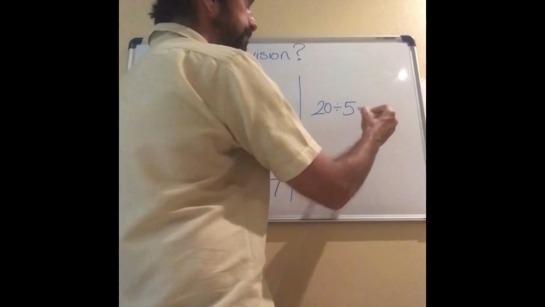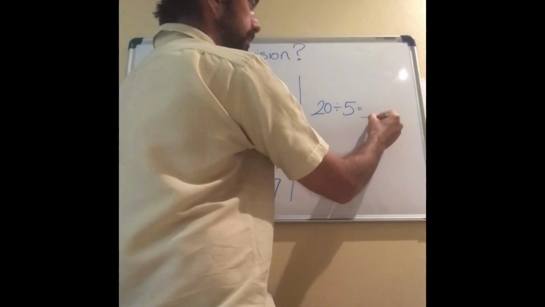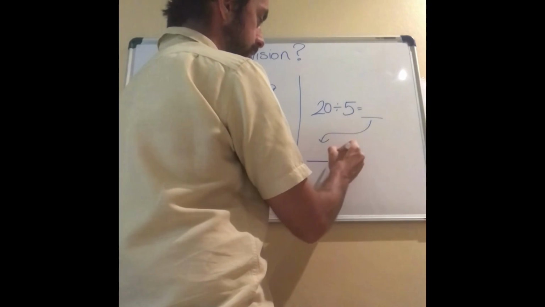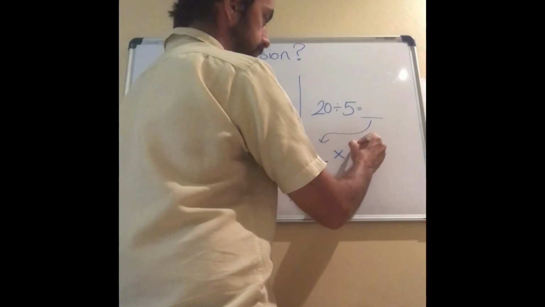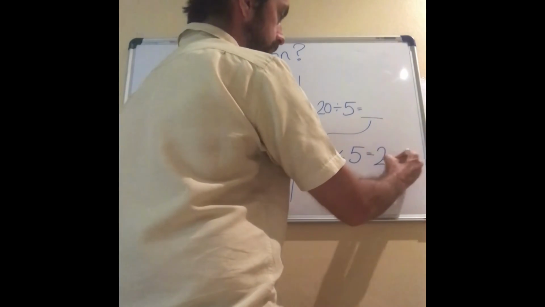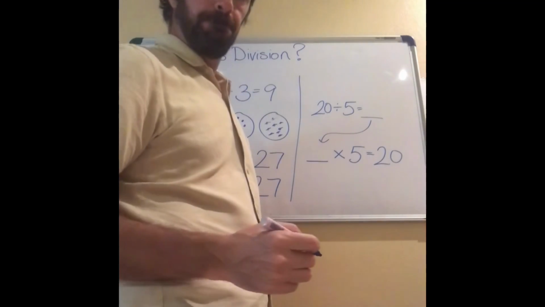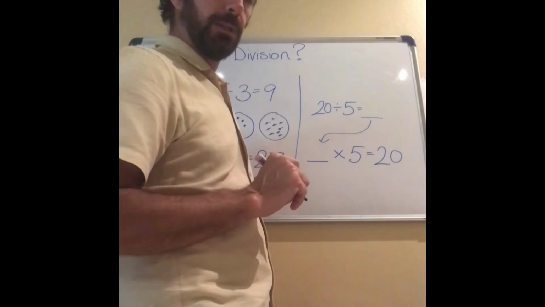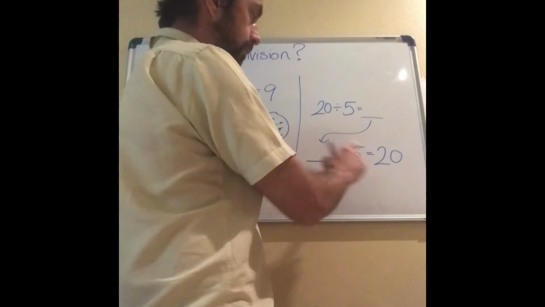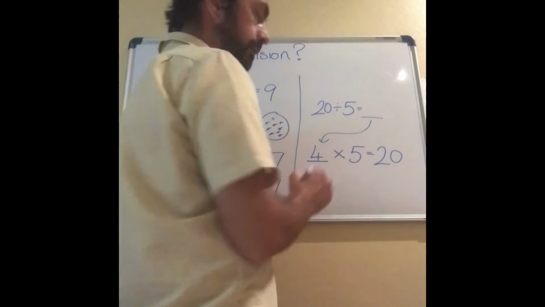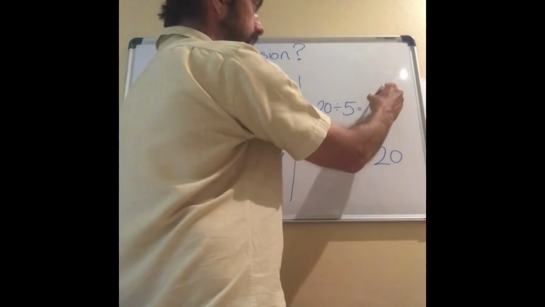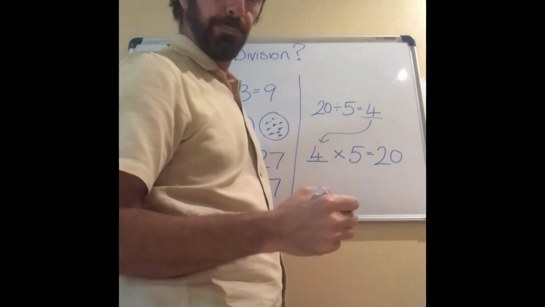But really, what we could also do at this stage is think to ourselves, what times 5 equals 20? And if you know your multiplication tables nicely, then you'll know that 4 times 5 equals 20. So 20 divided by 5 equals 4. All right.